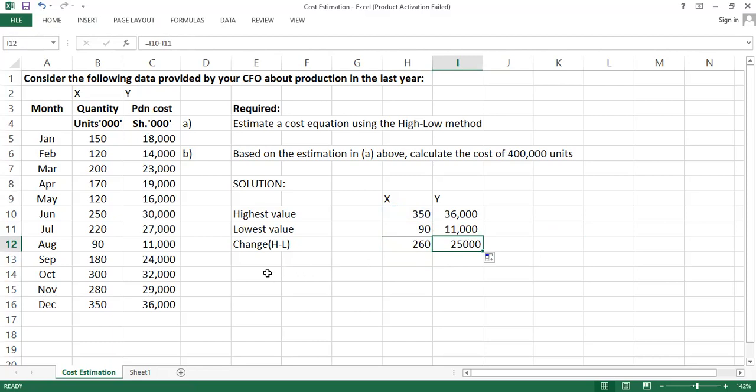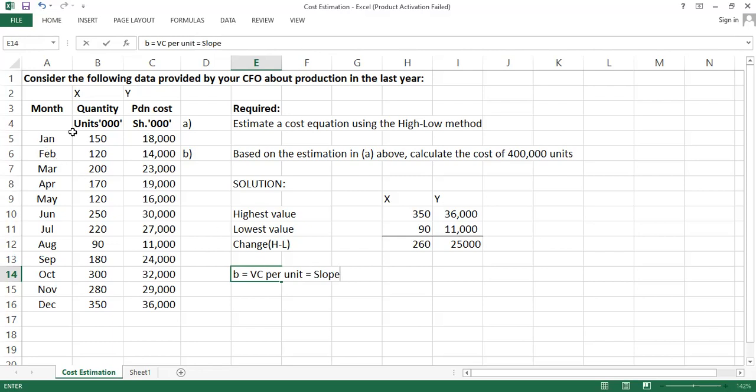Now, based on this, we can proceed to compute the value of B. B, we have said, is the variable cost, remember, per unit. And the value of B is normally the same as what we can also call the slope.